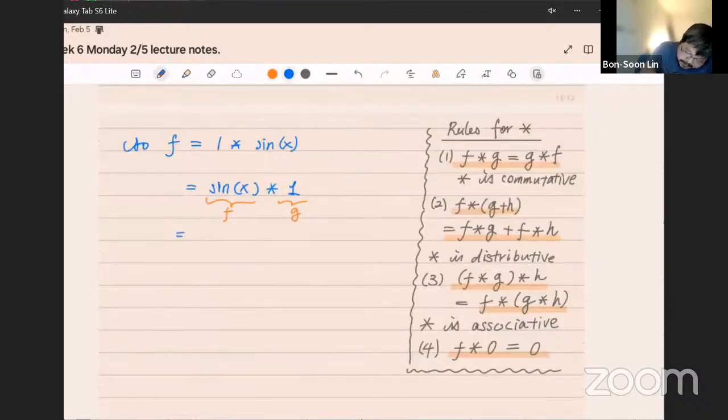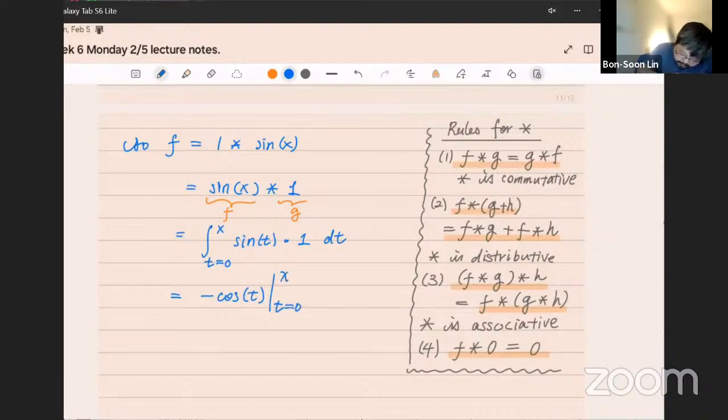So in this case, by the definition, this is t from 0 to x. And by the way, you have to be careful with the bounds. Sine of t times 1, because g at x minus t is always going to be 1. It's a constant function 1. dt. We know what integrates the sine, which is negative cosine of t, evaluated from 0 to x.